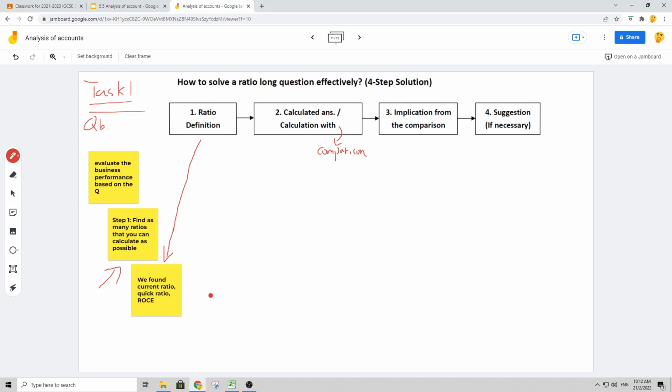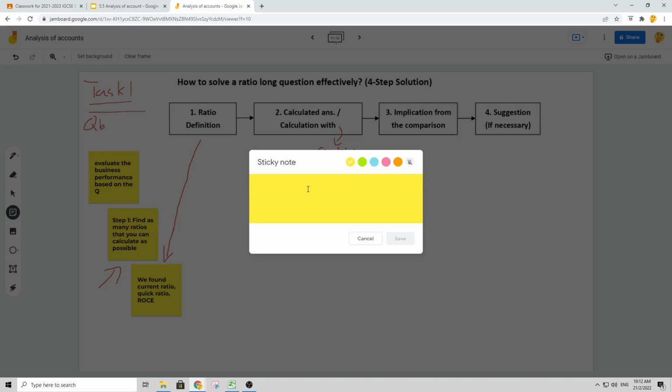Once you have got the first step right, then you can move on to the second step, which is basically what we did last week for the calculation.